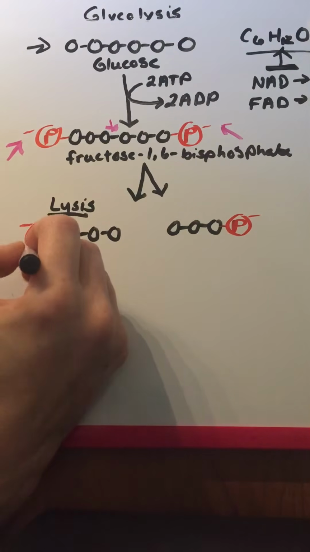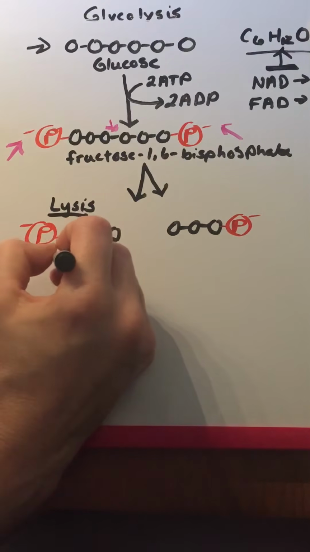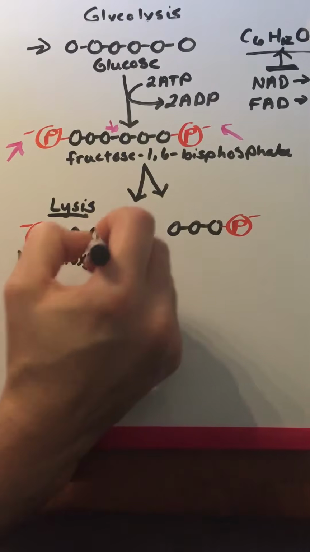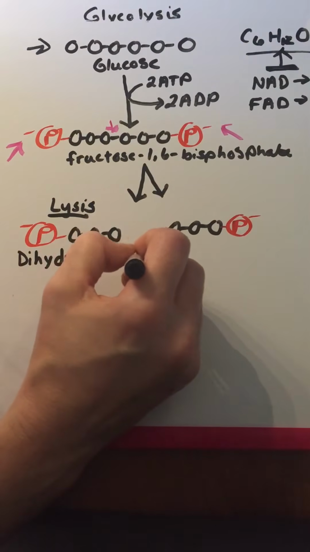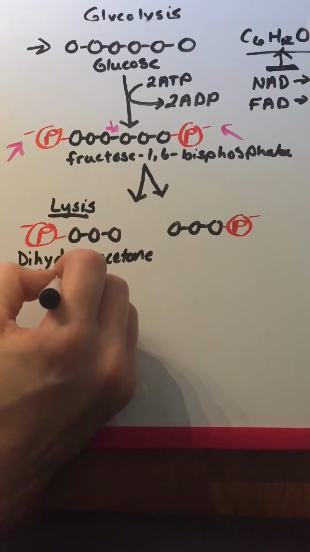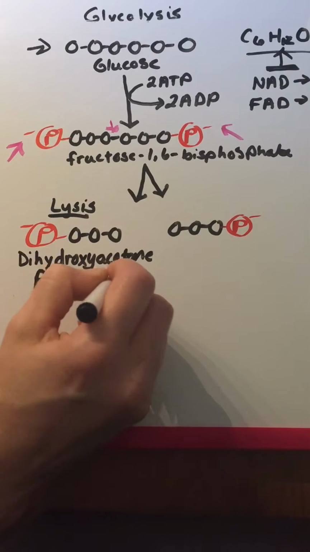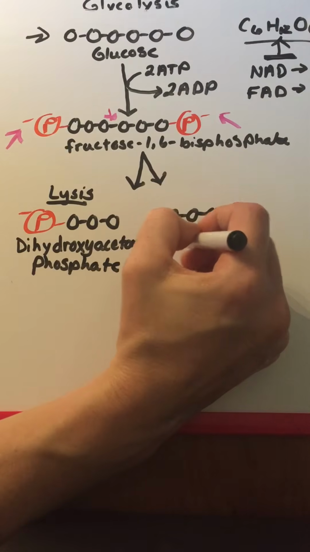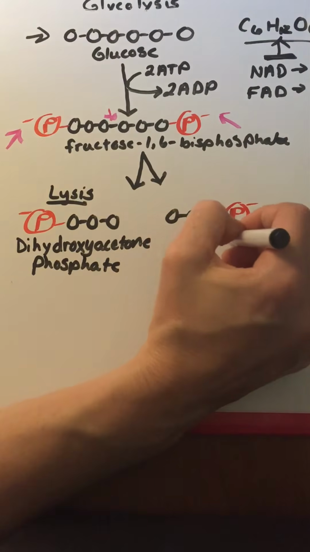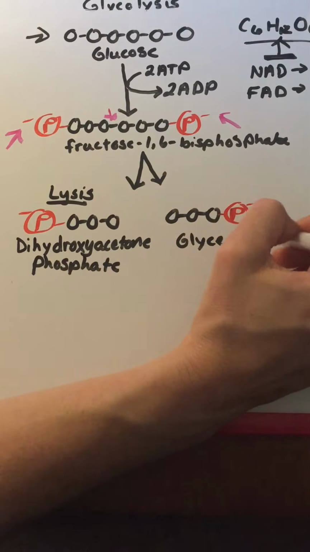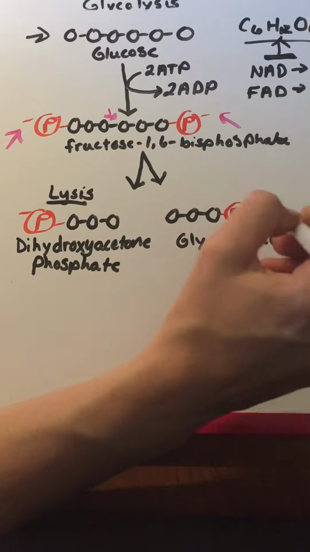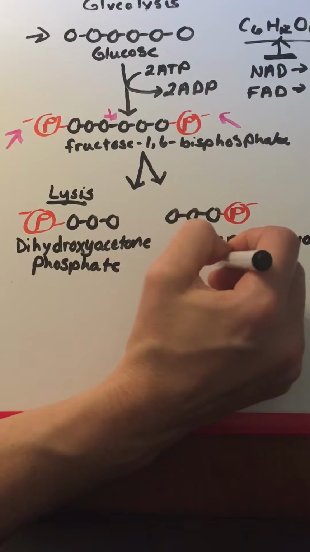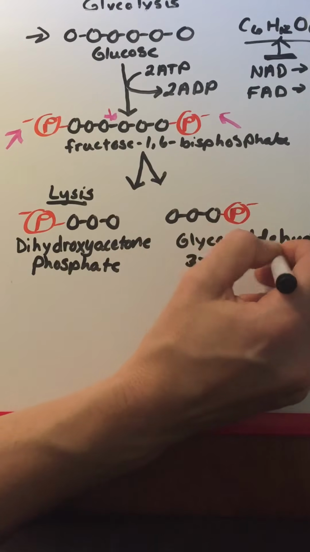This first molecule that's produced is what we call dihydroxyacetone phosphate. The second one that is produced is called glyceraldehyde 3-phosphate.